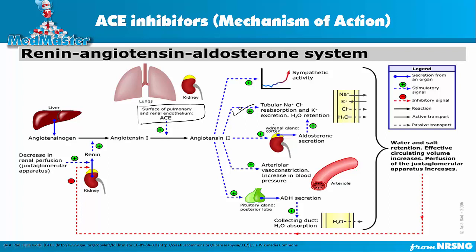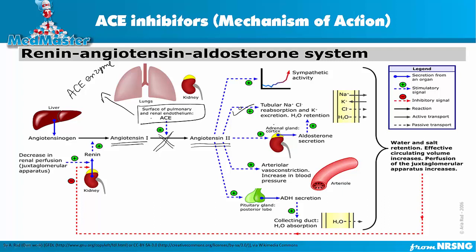So when we block this ACE enzyme, nothing's gonna convert from here. The angiotensin 1 is not gonna be able to convert into angiotensin 2. So we are breaking this chain from right here, and that means there's no sympathetic activity, no sodium and water reabsorption is gonna happen, and no vasoconstriction.